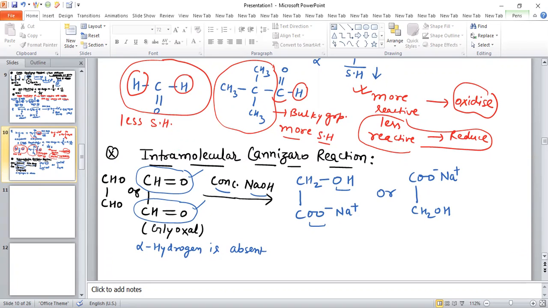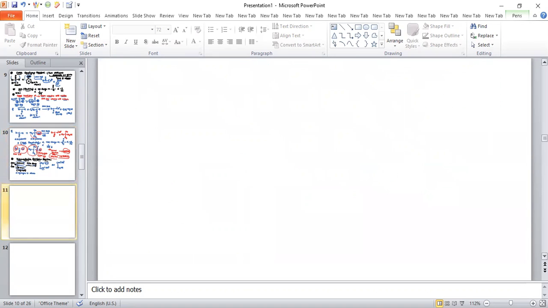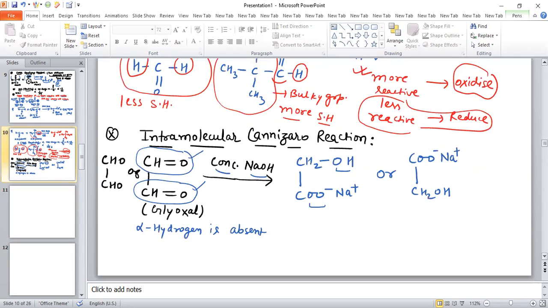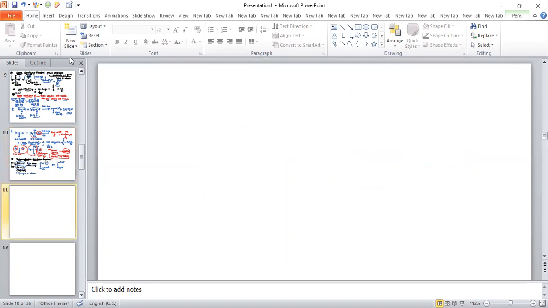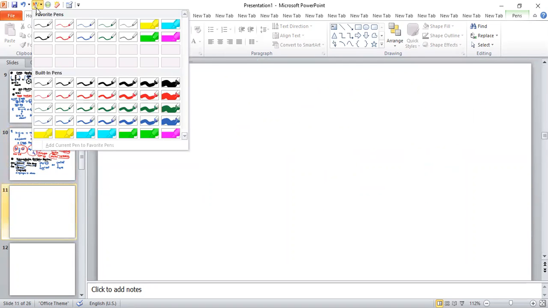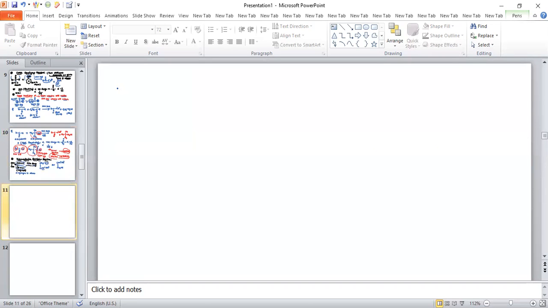Now see the next question related to the intramolecular Cannizzaro reaction. The question is like this. This is basically benzene.